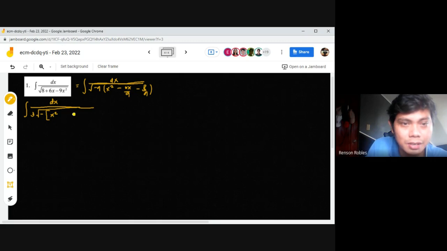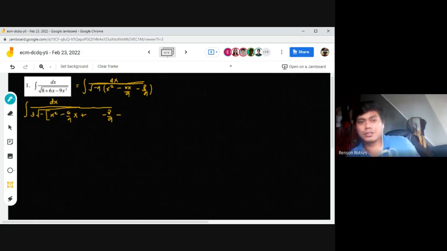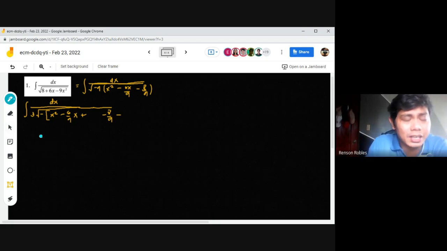So, x squared minus 6 over 9x, plus then minus 8 over 9. Kung ano man yung i-add natin doon, we must also subtract it. And what is to be added? You take half of negative 6 over 9, multiply this by 1/2, and then take the square of it.